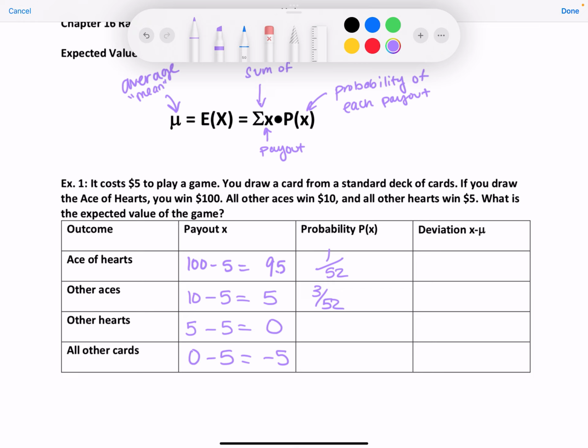Other hearts, there's 12 of those, so that's 12 out of 52. And then everything else, if we add those up, that's 16. So 52 minus 16 is 36. So 36 out of 52 would be that probability.